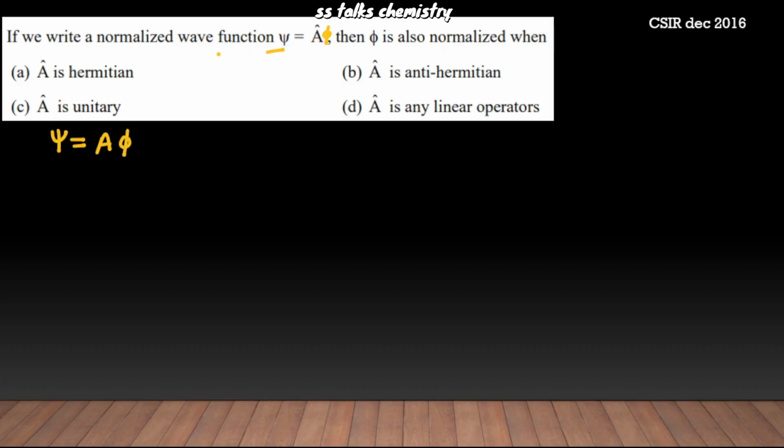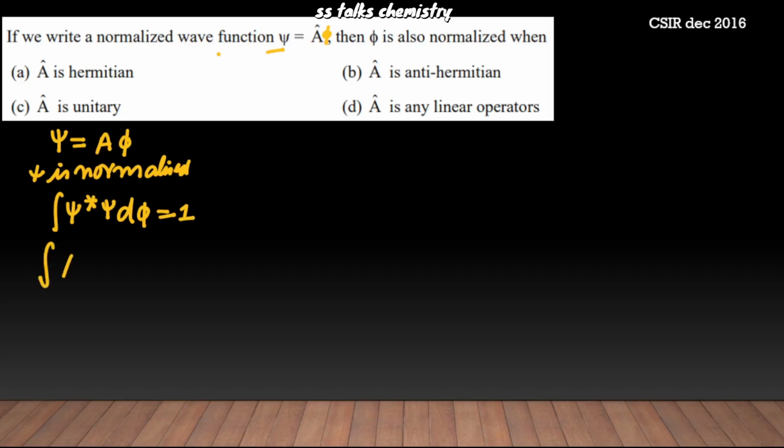Now here psi is normalized, which means the integration of psi star into psi into d phi will be equal to 1 only, right? Now the wave function is A into phi, the conjugate of it, into A into phi into d phi, equal to 1 only.